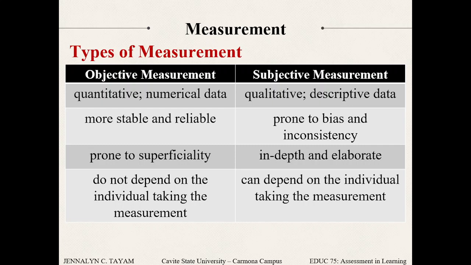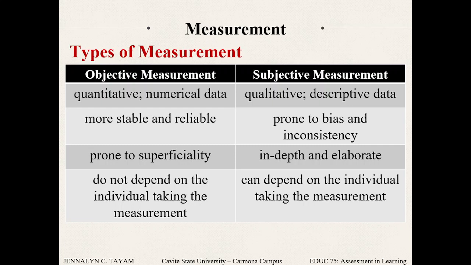On the next row, it says that objective measurement is prone to superficiality, while subjective measurement has the advantage of being in-depth and elaborate. Lastly, the results of objective measurement do not depend on the individual or person taking the measurement, while subjective measurement can be dependent on the individual taking the measurement.